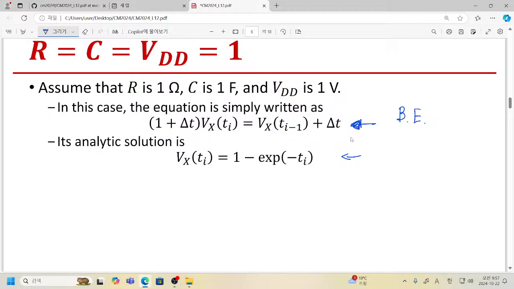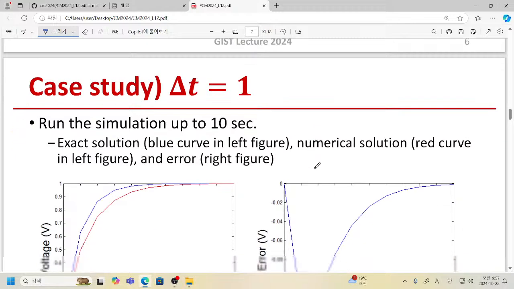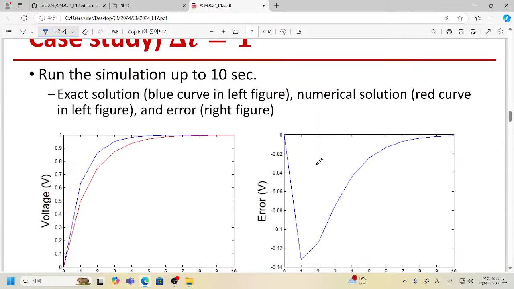Then, how can you understand these two equations? This is the analytic solution and this is the golden reference. If our backward Euler solution deviates from this analytic solution, then that should be regarded as an error. And now you are looking at this one.